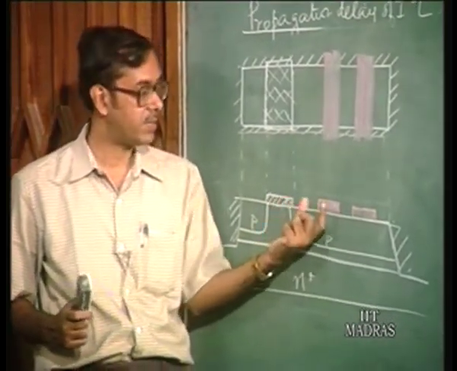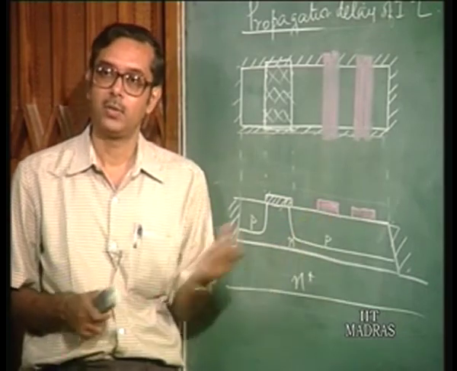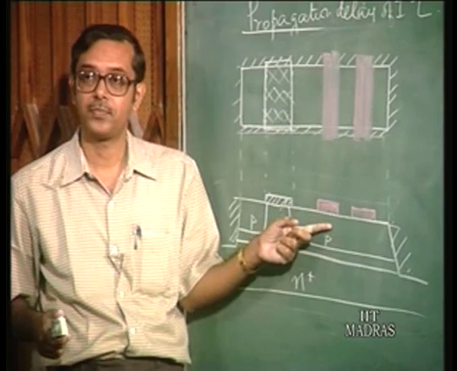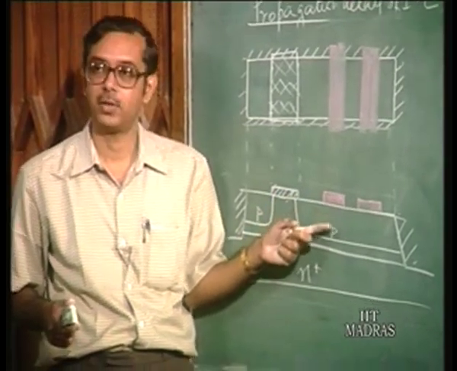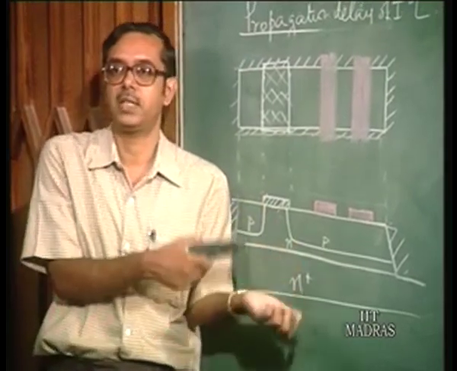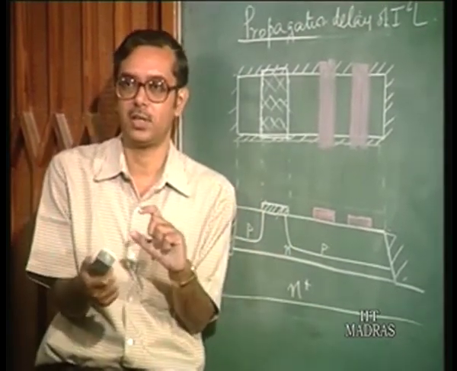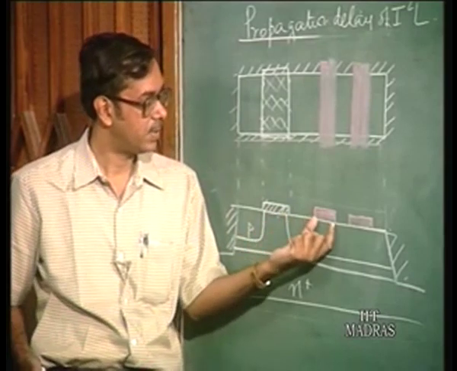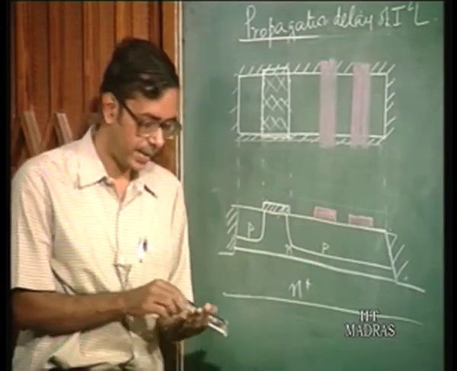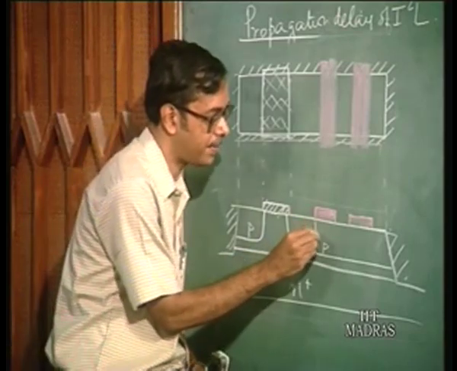Now, if you subject it to high temperature, this arsenic is going to diffuse into the silicon. Diffusion is a process by which impurities move from a region of higher concentration to a region of lower concentration. In this case this is full of arsenic, so it is going to move into the silicon and create an N region here.